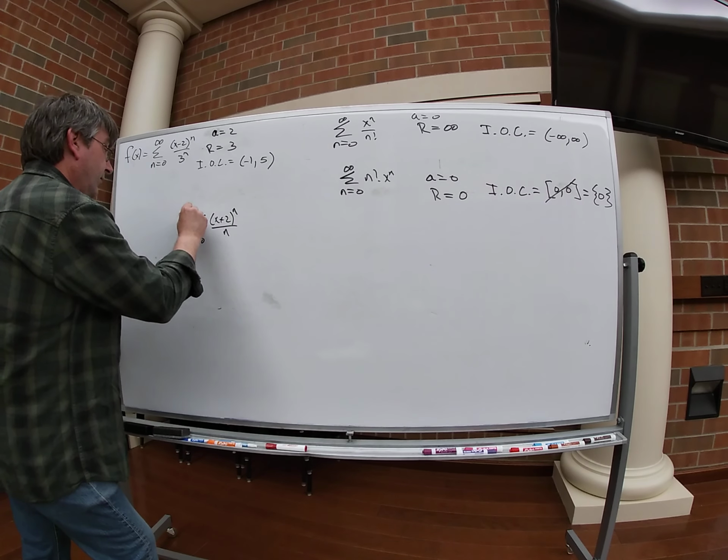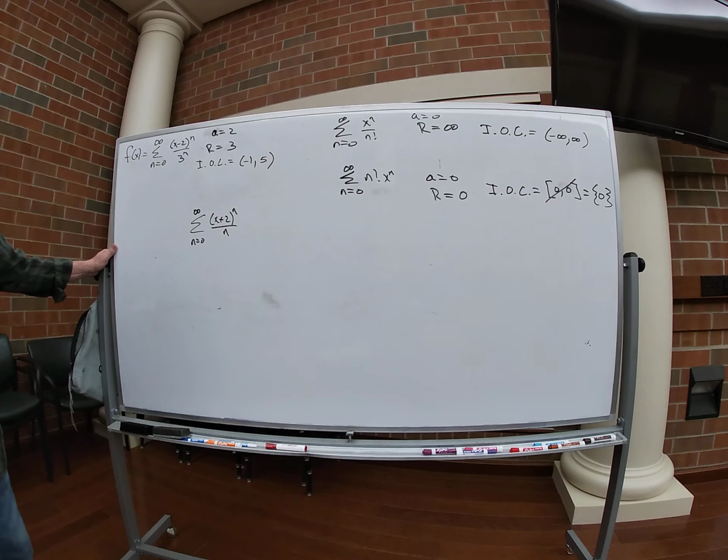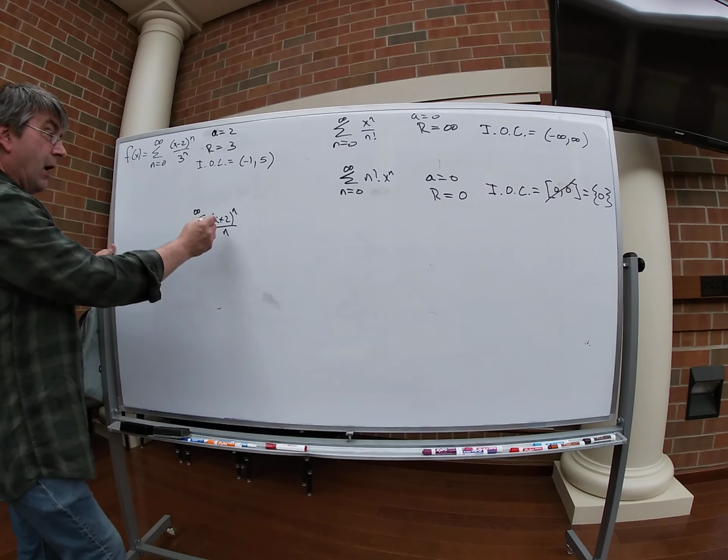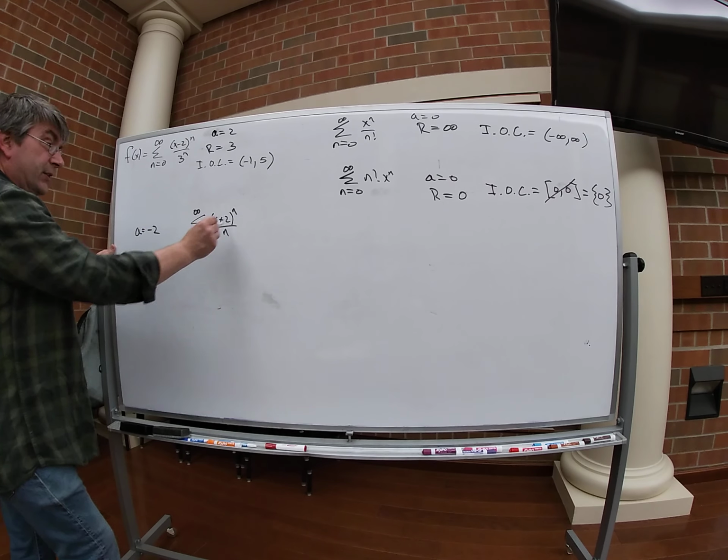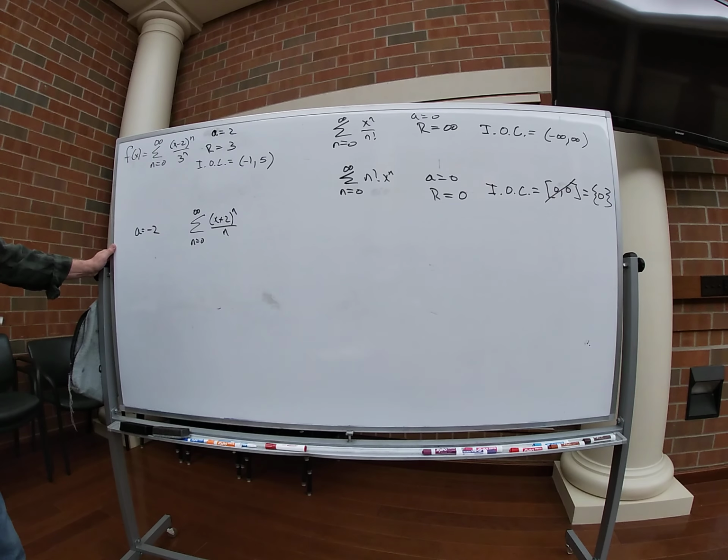So again, now we're centered at a equal to -2, right? Since it's x minus a, -2. So I wanted to show you one where we're centered at a negative value.